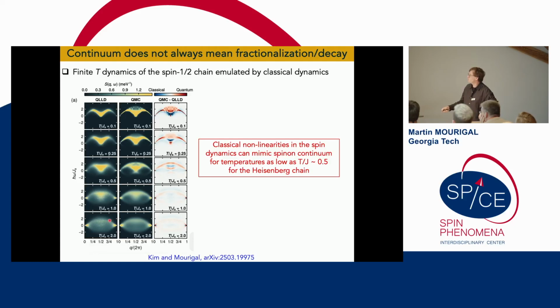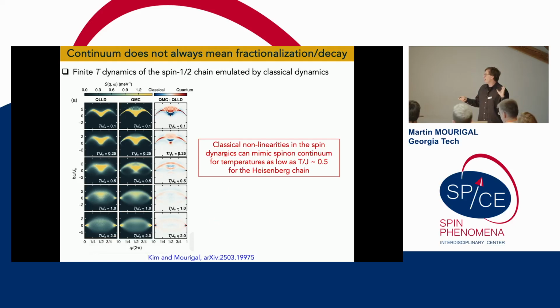And here's the example of quantum Monte Carlo from Wolfram Brenig's group. This classical dynamic simulation essentially reproduces this continuum of excitations all the way to perhaps T over J equals 1/2. So in the nonlinear classical dynamics of a magnet, you have some physics that mimics continua, and that can really make it look like you have fractional excitations.